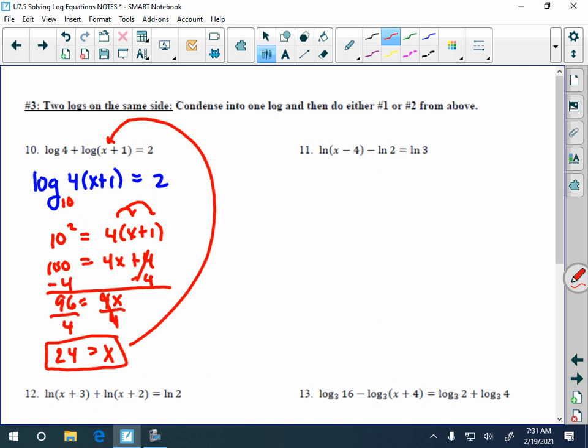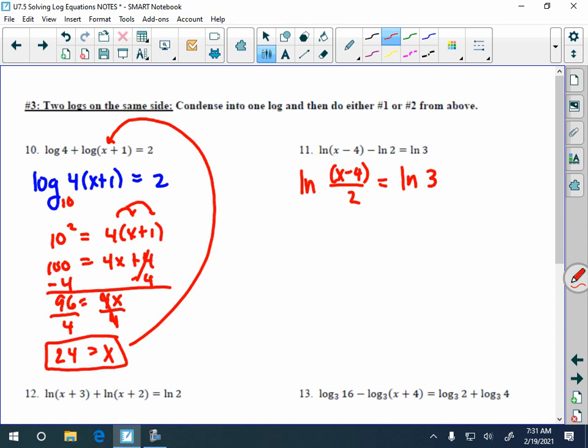All right, 11. I have two logs on the same side separated by a subtraction sign, so this is going to condense into a fraction. So natural log x minus 4 over 2. So there's my condensing. Then I'll just rewrite the right side.